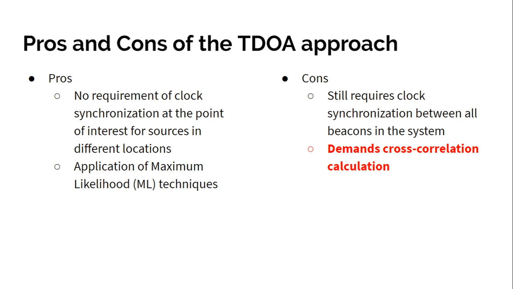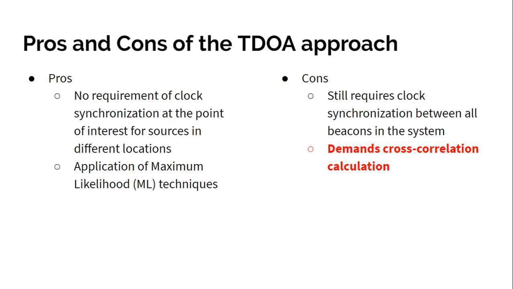So that's actually a very nice thing. We don't have to be that worried about the source signal. Another thing is that we can apply some statistical methods that are widely known, such as maximum likelihood estimation techniques. We can easily talk about the Cramer-Rao lower bound, and I'm going to explain some of that later on. And that's really, really interesting in this scenario.